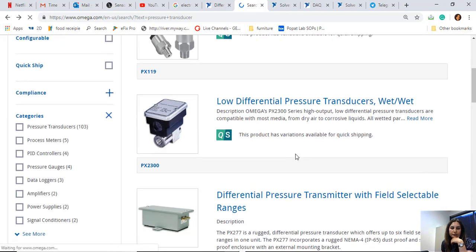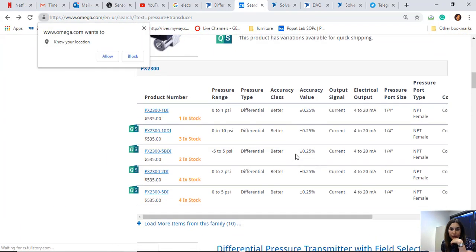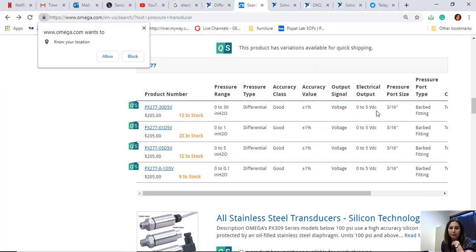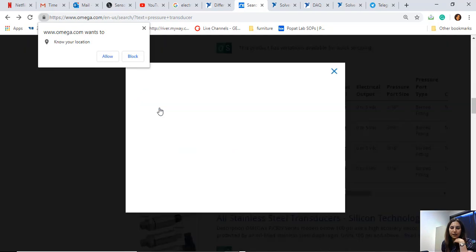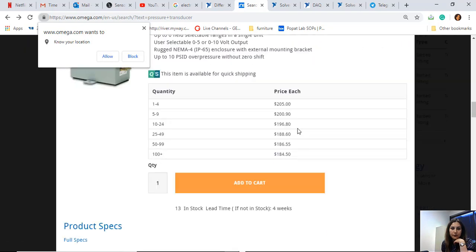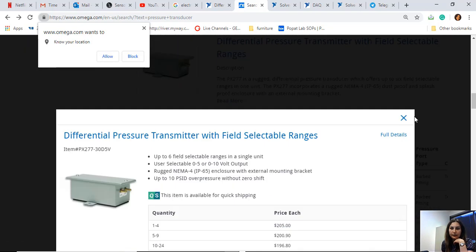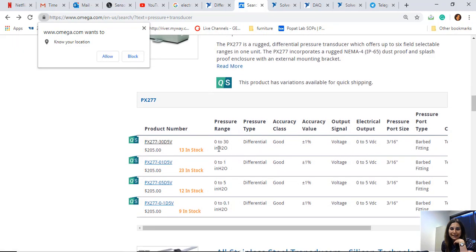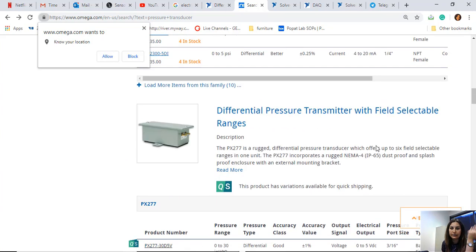Let me see if I can find a voltage one. Yeah. So it was 5 volts DC, I'm sorry, not 3. So this one again is saying that this is reading pressure from 0 to 30 inch of water height, and the signal is a voltage signal from 0 to 5 volts DC.